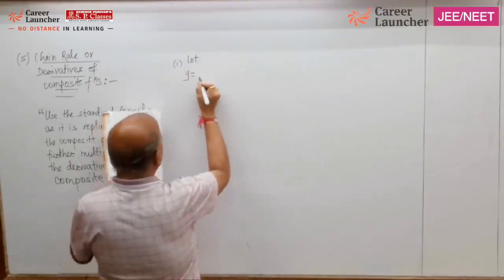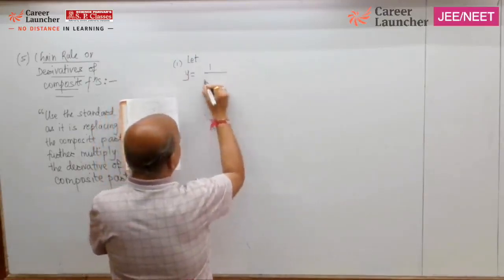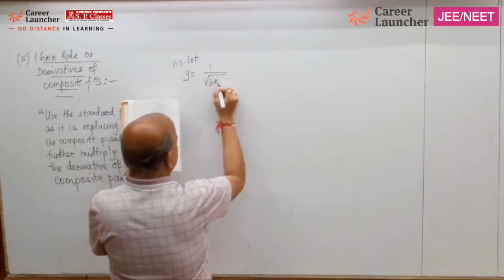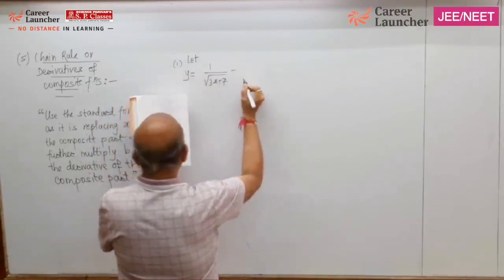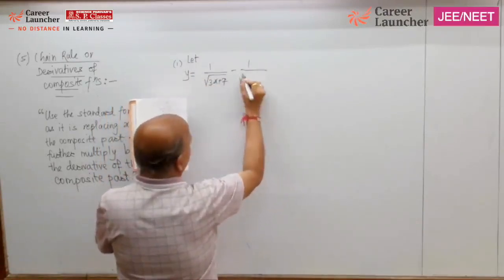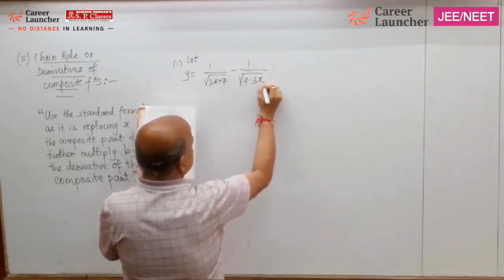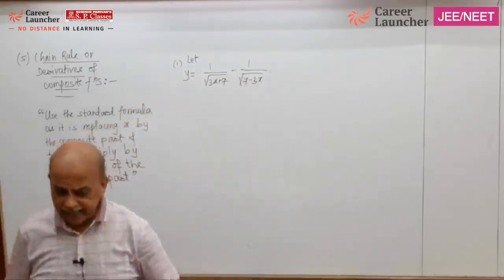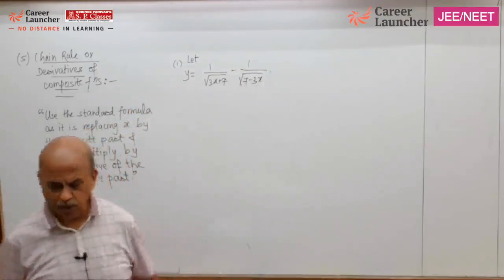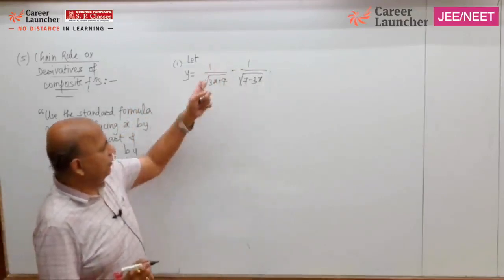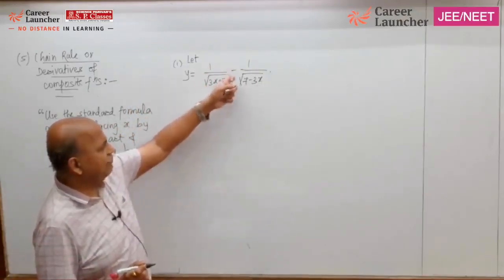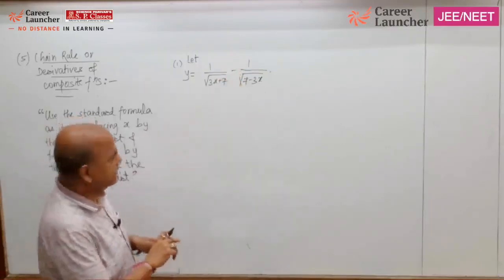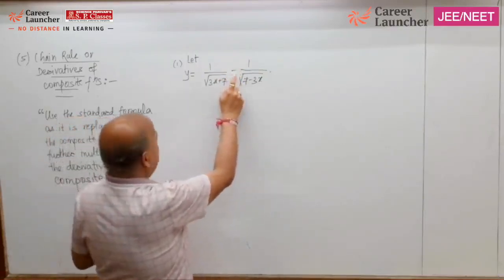Let y is equal to 1 upon root of 3x plus 7 minus 1 upon root of 7 minus 3x. Think and tell me. That's why the list of formulas is very important. This minus sign is there in between.